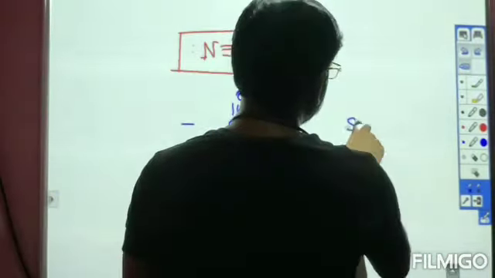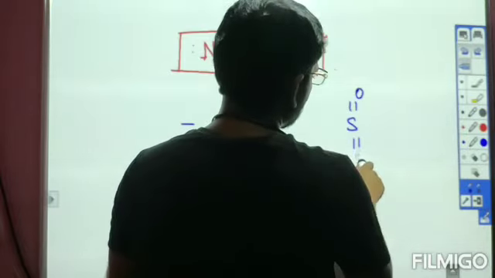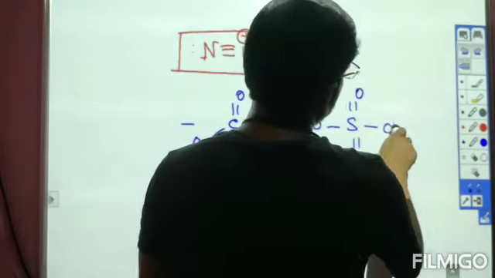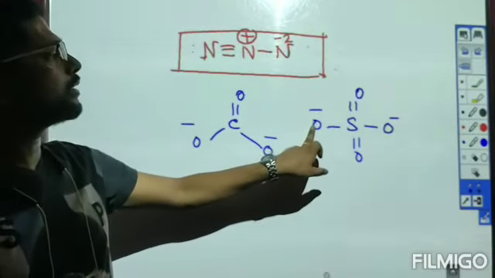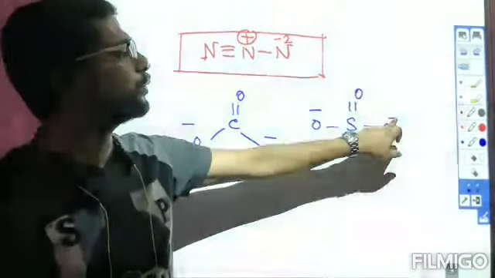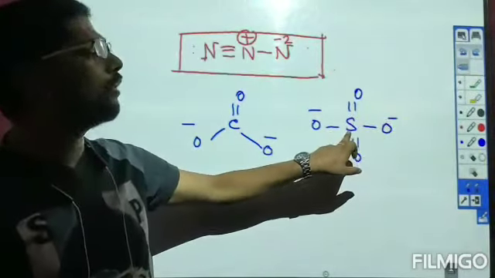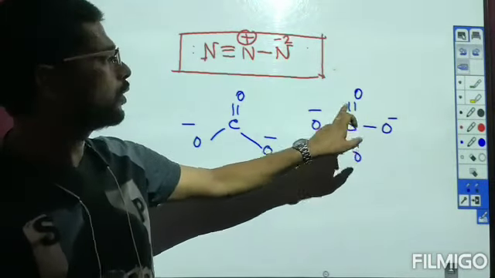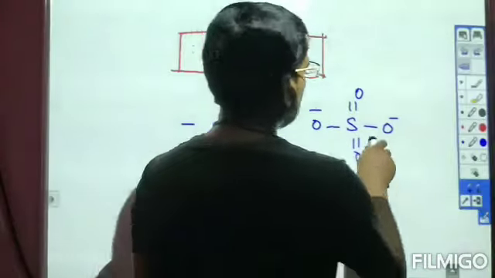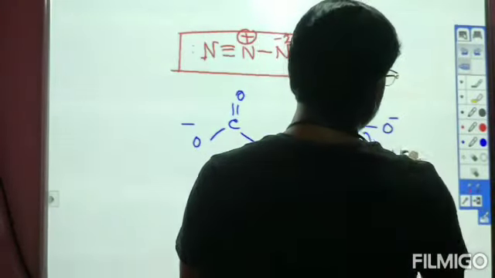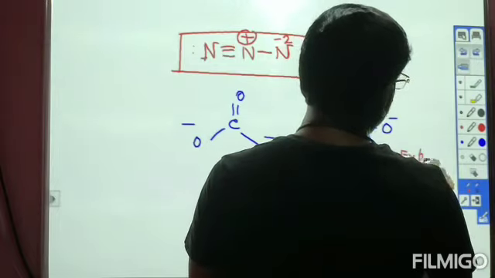If SO4 minus 2, in this case oxygen will have minus, in this case oxygen will have minus. Sulfur can form maximum 6 bonds, 1, 2, 3, 4, 5, 6, and this sulfur is basically an expanded octet.